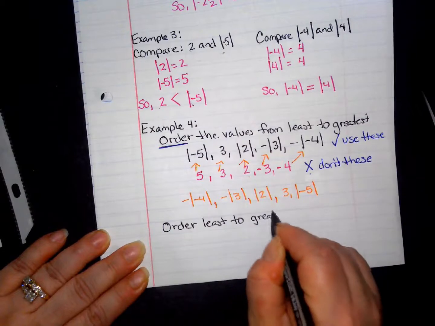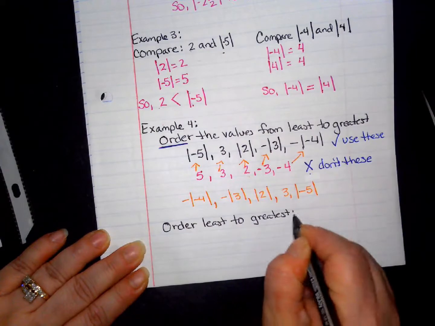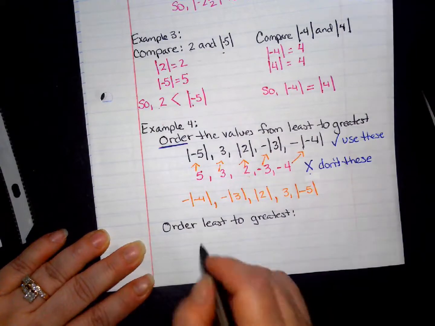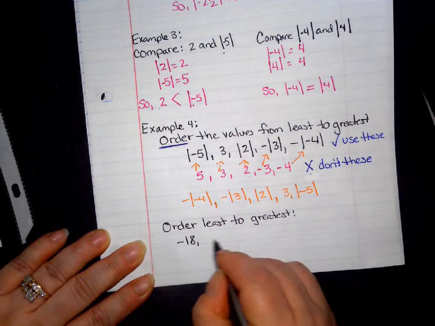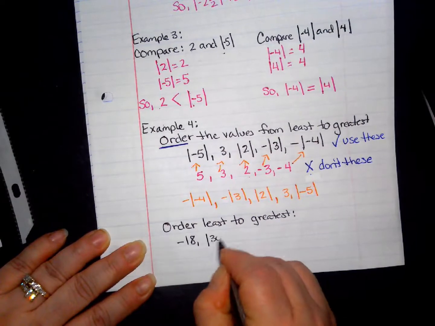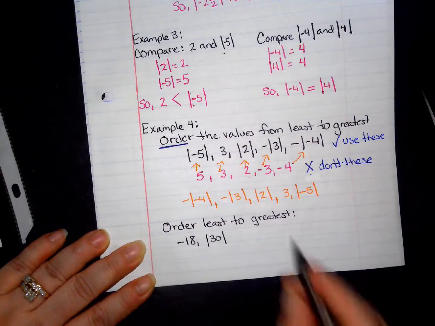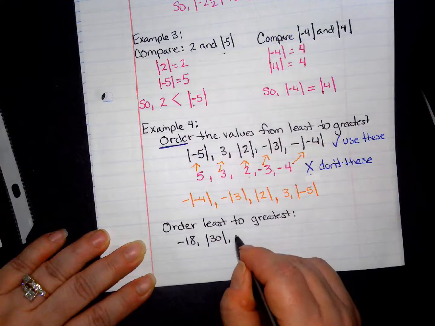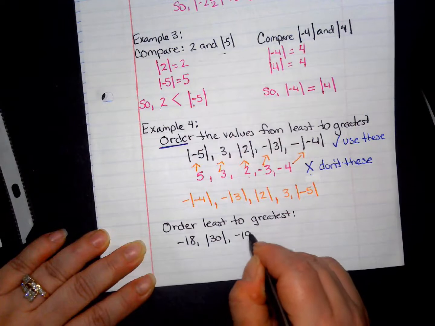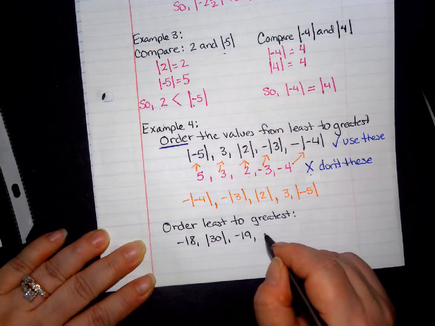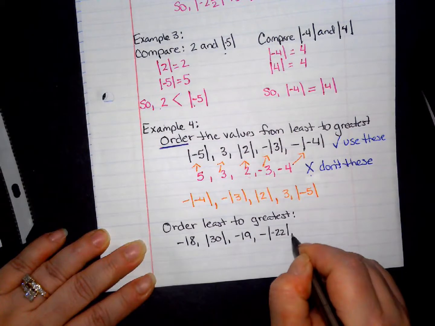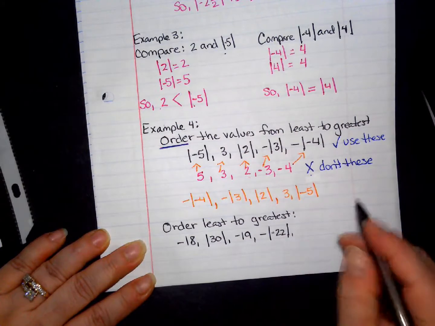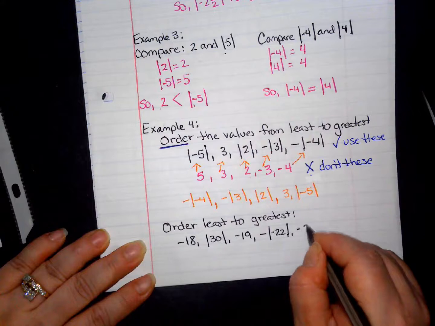Okay? -18, comma, space, absolute value of 30, comma, space. -19, comma, space. Negative absolute value of -22, comma, space. -20, comma, space, and absolute value of -18.